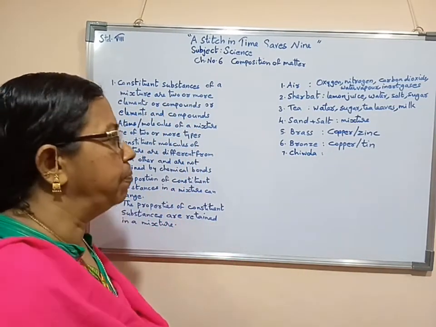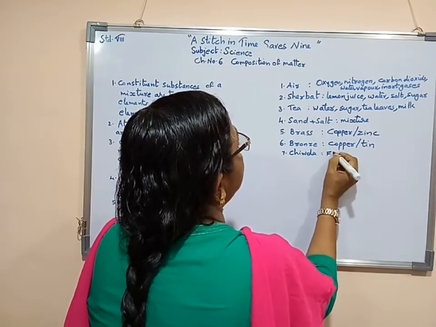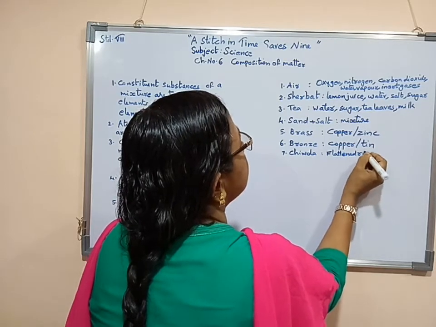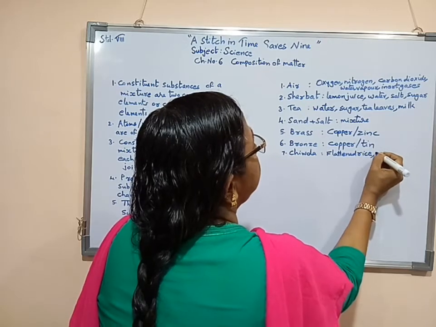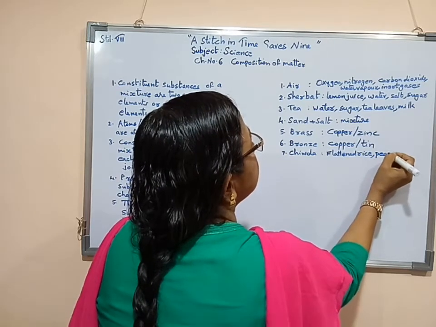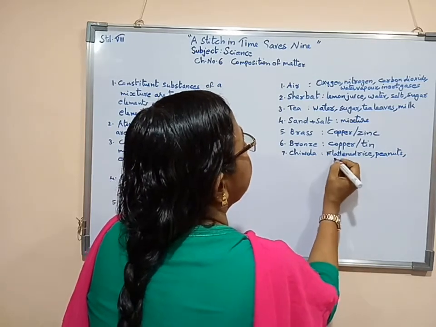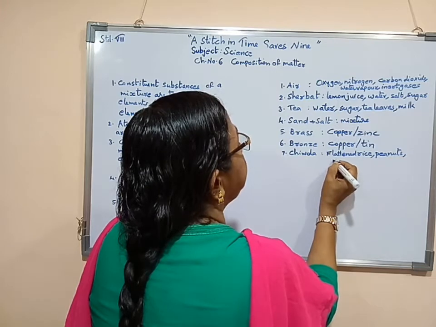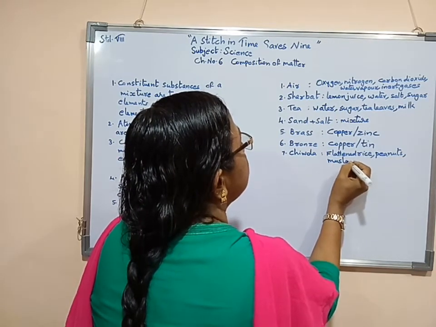a common example that we can make with the help of flattened rice. Then we can say peanuts. Then mustard seeds will be there, a little.